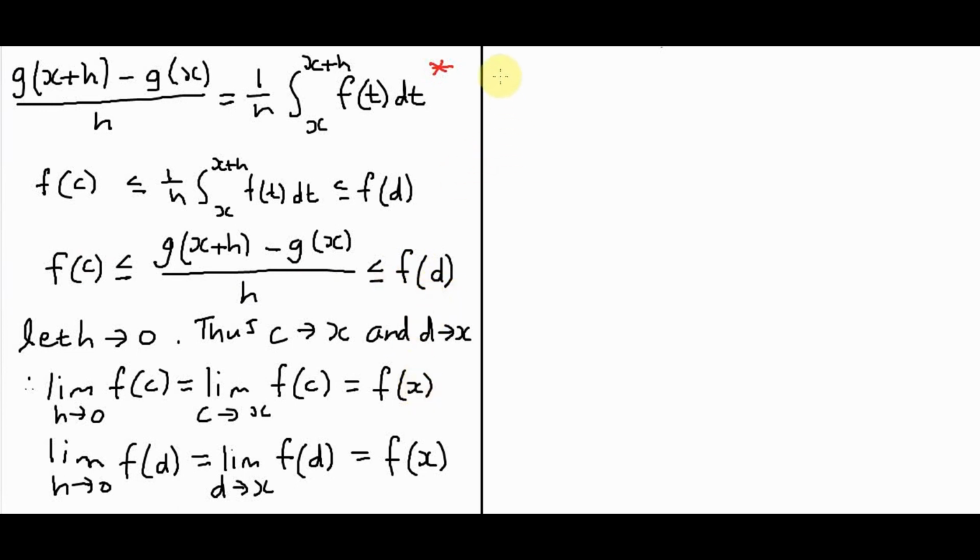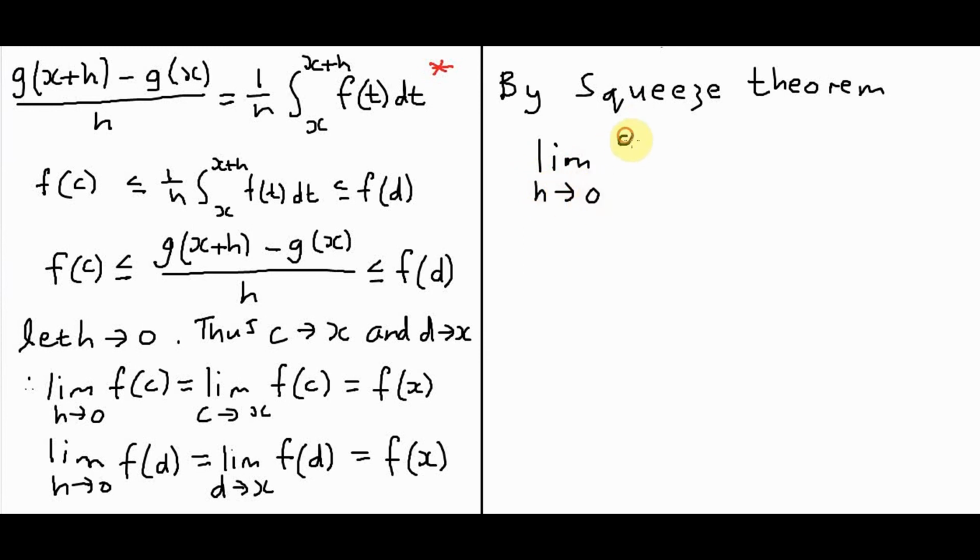So then by the squeeze theorem, we can conclude that the limit as h approaches 0 of g of x plus h minus g of x all over h is also equal to f of x.